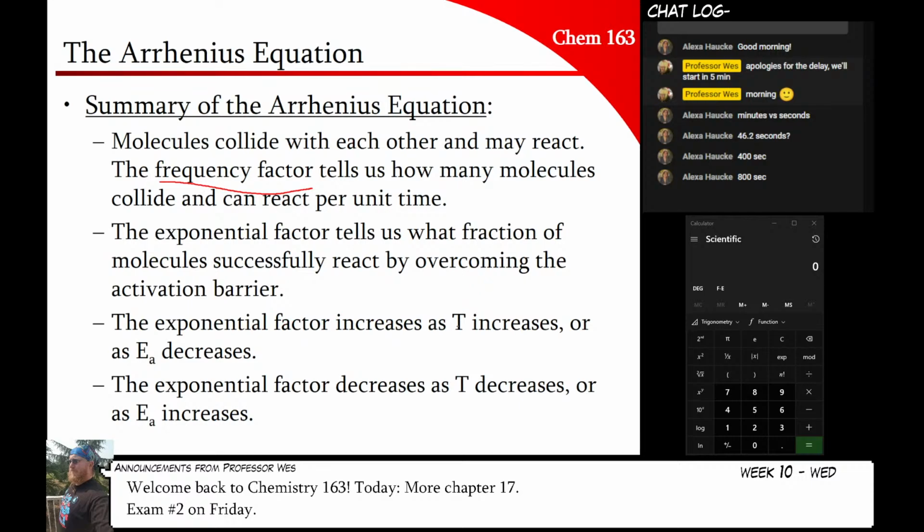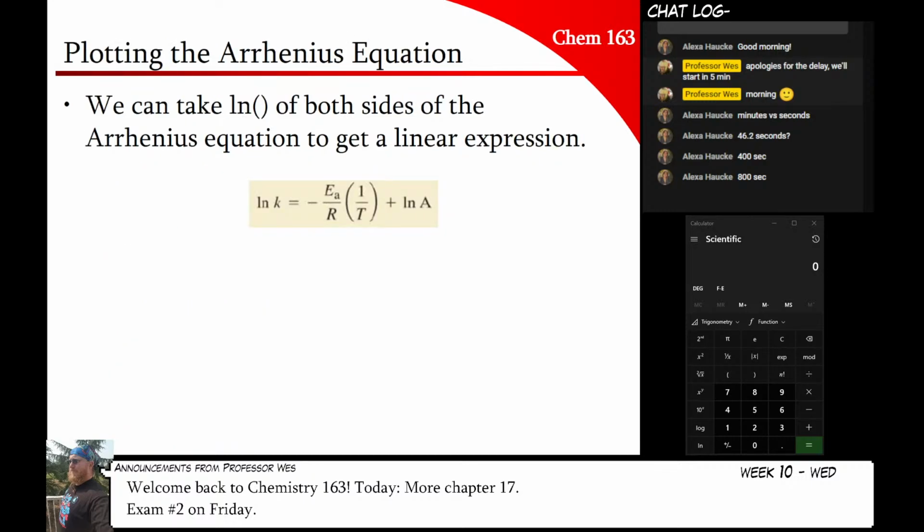That fraction increases when you increase the temperature or as you lower the activation energy. And that fraction gets smaller if you do the reaction at a lower temperature or have a higher activation energy. We're not going to actually use the Arrhenius equation in this class, as far as I'm concerned.